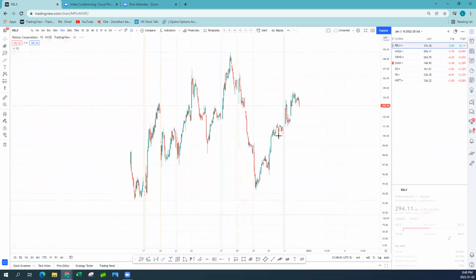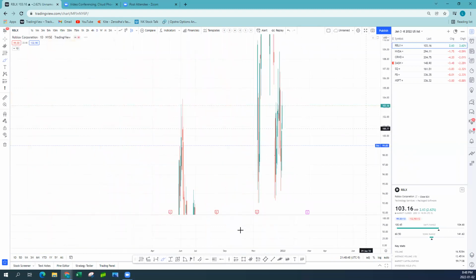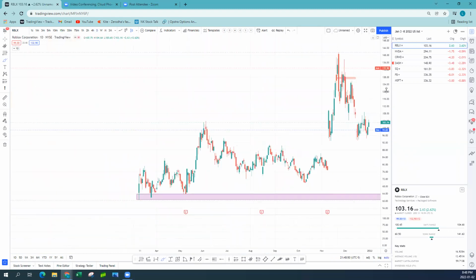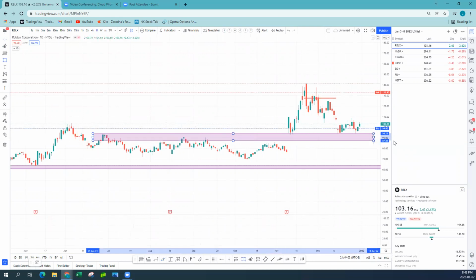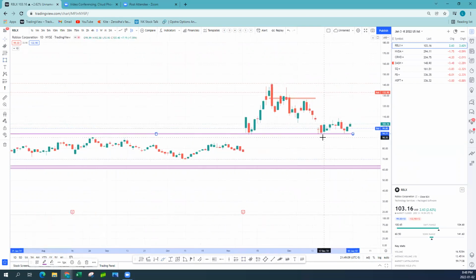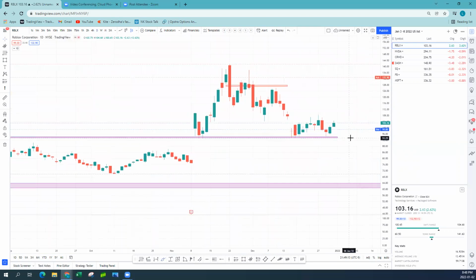RBLX, this is also a very good stock, which has been facing some resistance from the top. Currently, this stock was facing a resistance quite a bit, and then it gave a breakaway gap, but currently it's at very good support at 93.